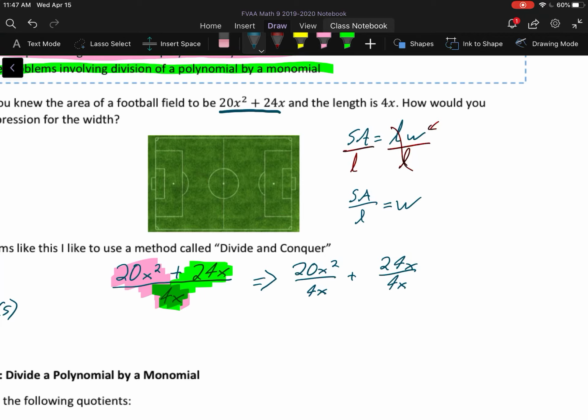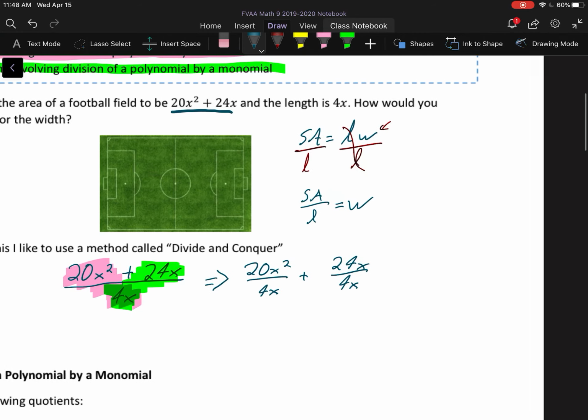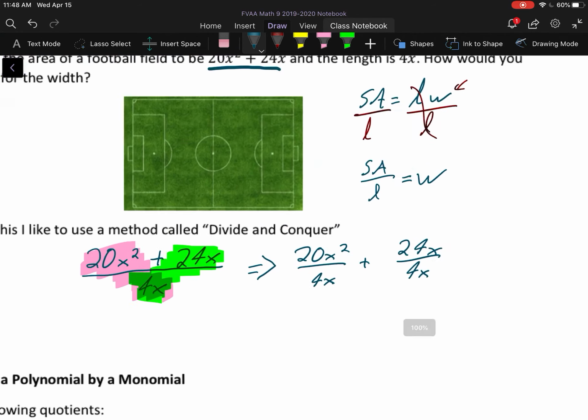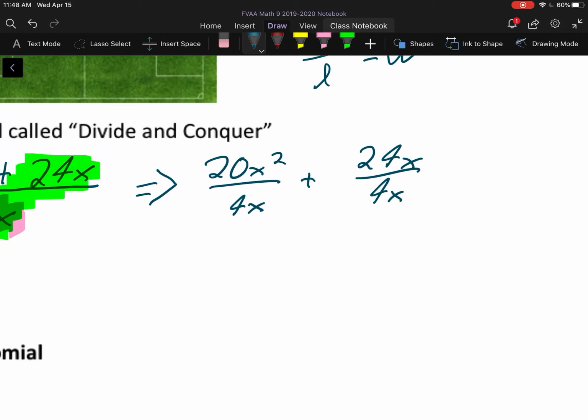From there, you're dividing monomials by monomials, and you should know how to do this from previous lesson 4.3, I think, when we looked at that. So 20x squared divided by 4x: well, 20 divided by 4 is 5. x squared divided by x to the 1 is x to the 2 minus 1, which is just x to the 1, so x.